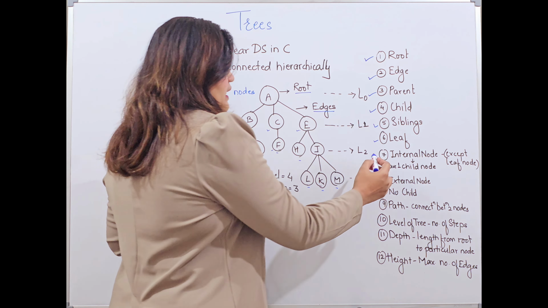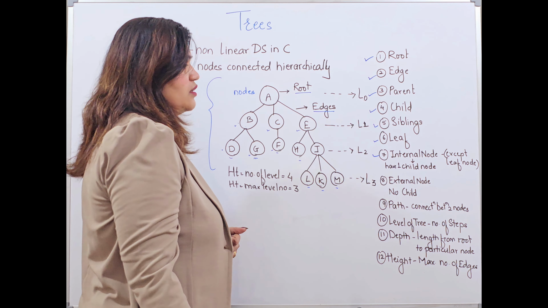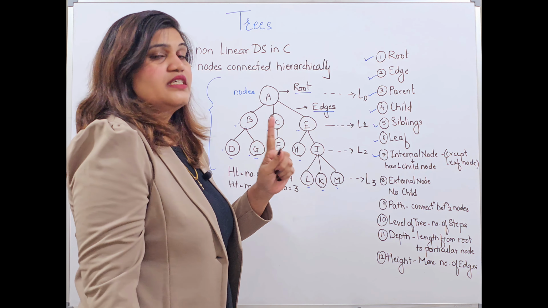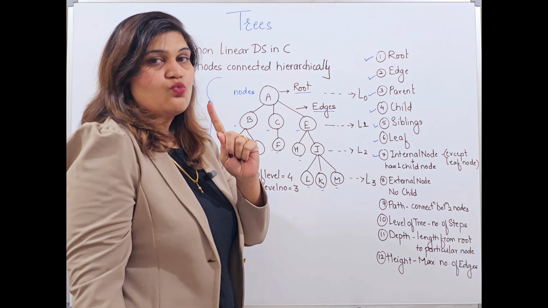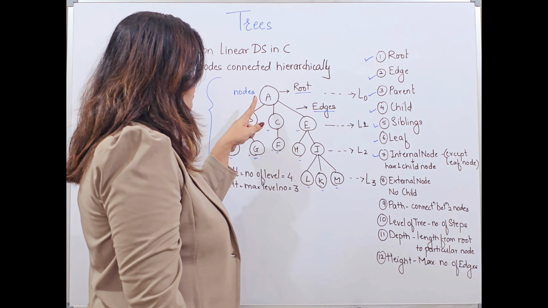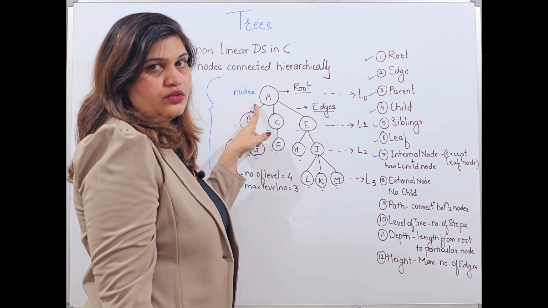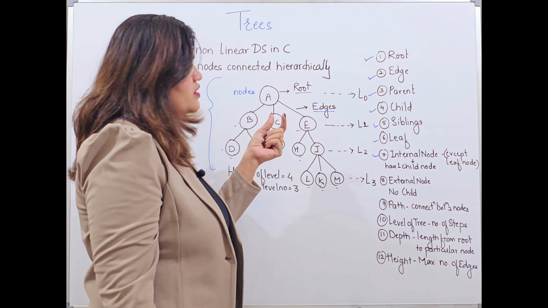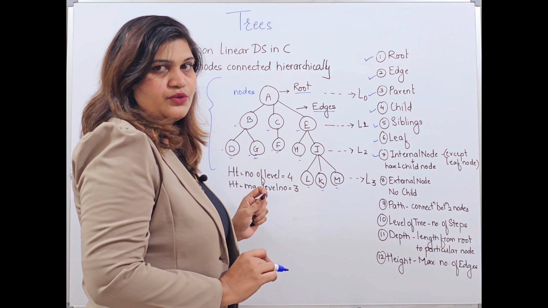Next you have internal node. Now what is this internal node concept? Here, any node which has one child node is an internal node. So in this case, even a root is going to be an internal node. Why? Because it is the topmost node and there are nodes connected to it.